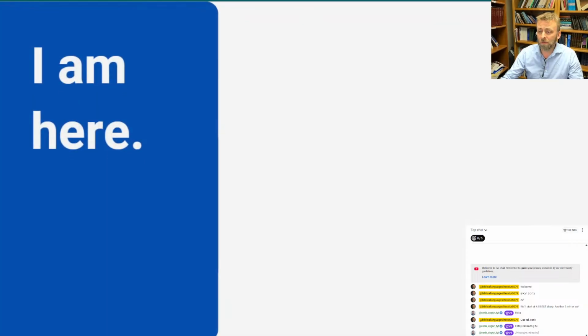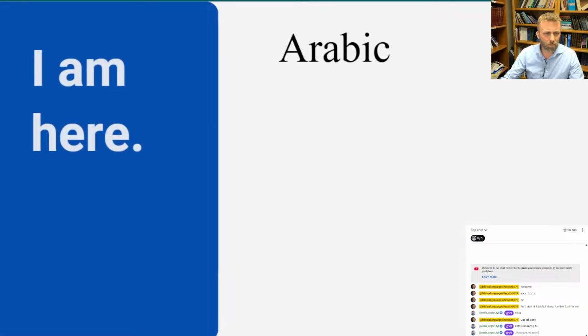Now, if we want to say I am here, this is actually super easy in both of these languages, because we don't need the word am. We don't need the verb to be, so is, am, are in the present tense. Technically, both languages do have a present tense for these, but they're not usually used.